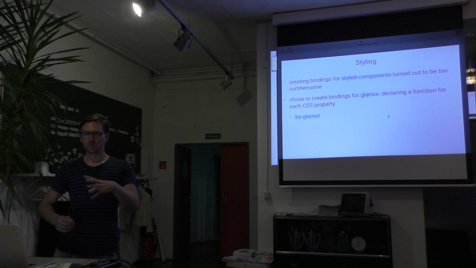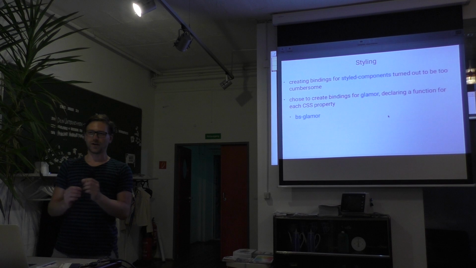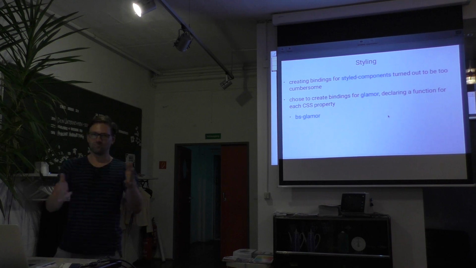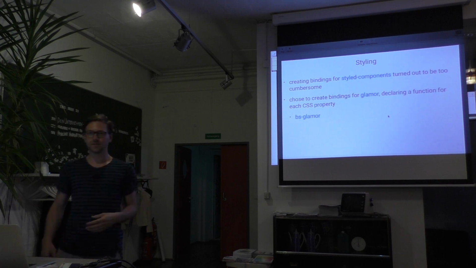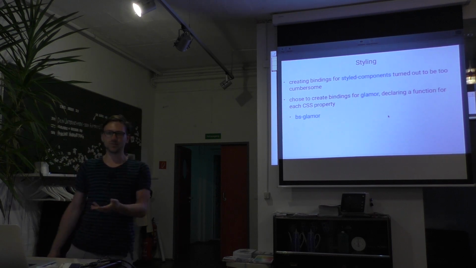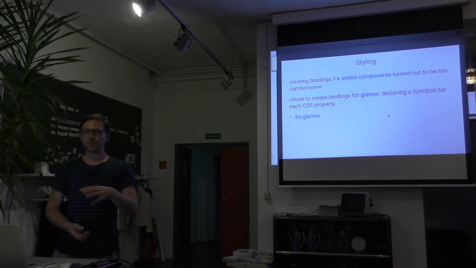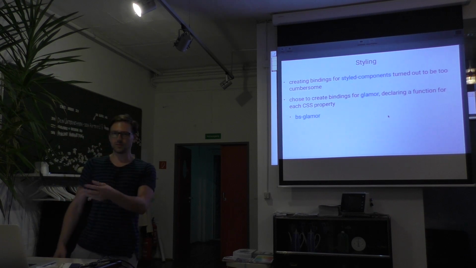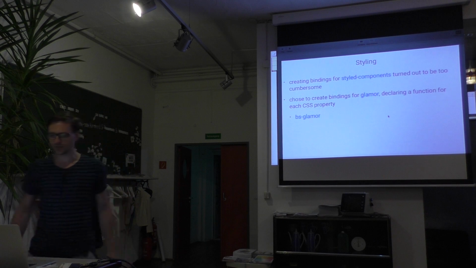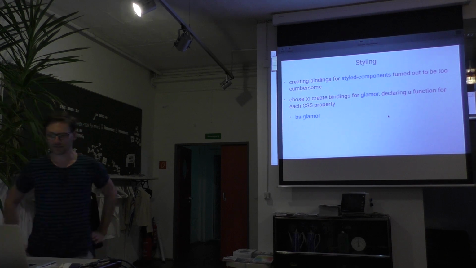So you can splice strings into other strings, but for instance, you can't put functions into a string literal and then do something custom with it, which is what styled components relies on in the end, right? If you want to do something fancy where your styling depends on the props, then you need to have a function inside your template literal. And so yeah, that's the reason why I abandoned that idea.